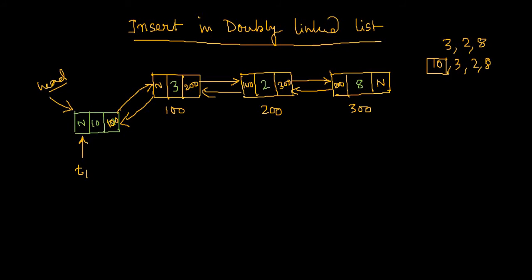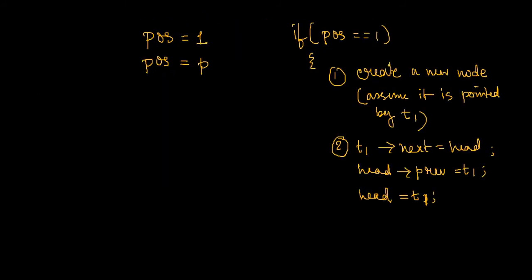Something like this. So if you go through the difference between the inserting logic with respect to the singly linked list, you will have only one difference, that is this one, I think. Right?